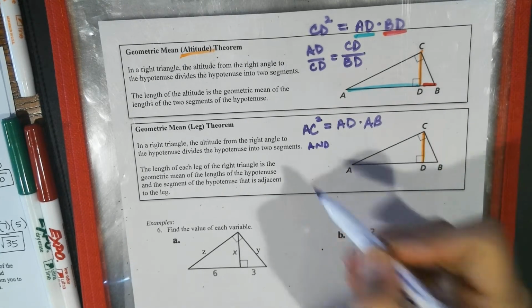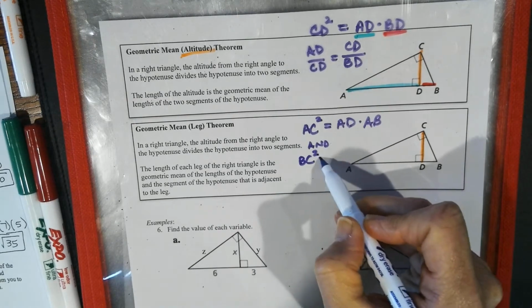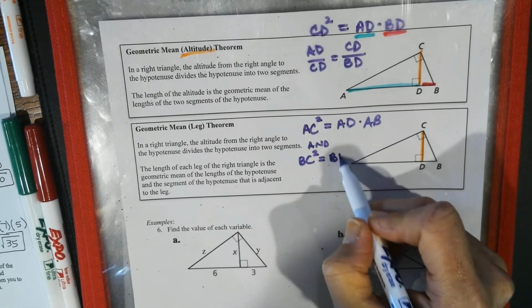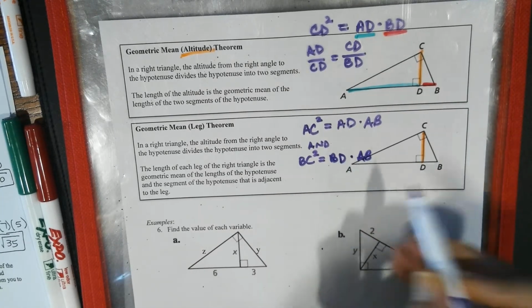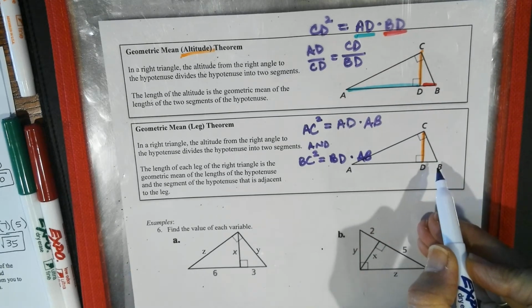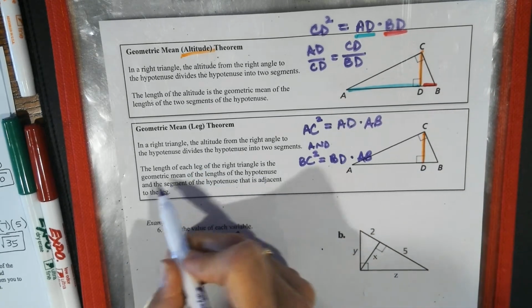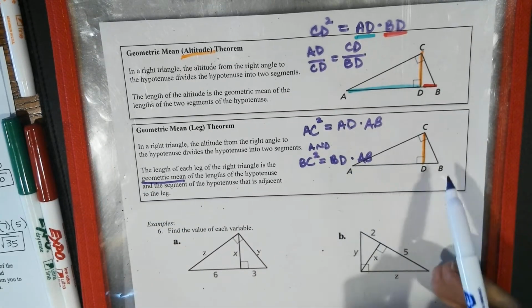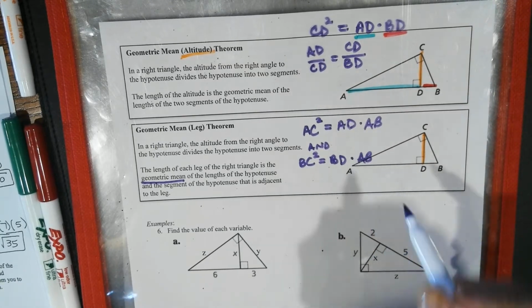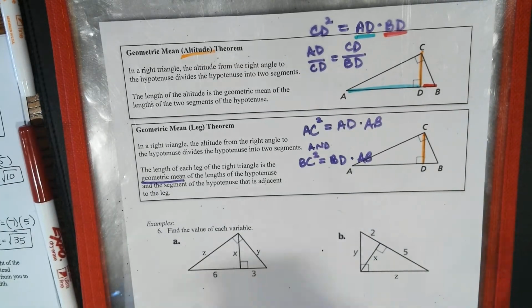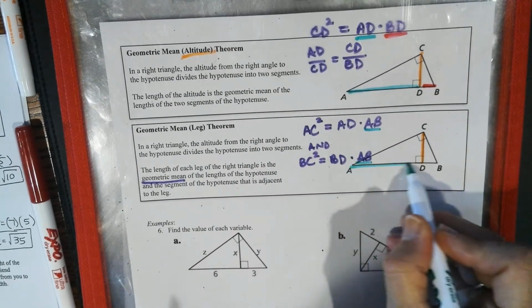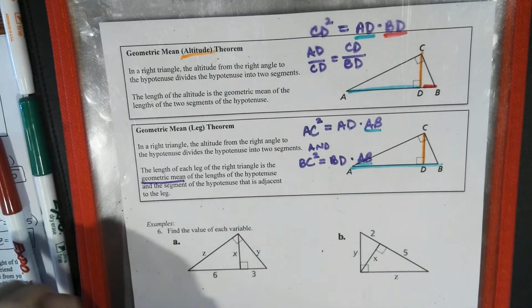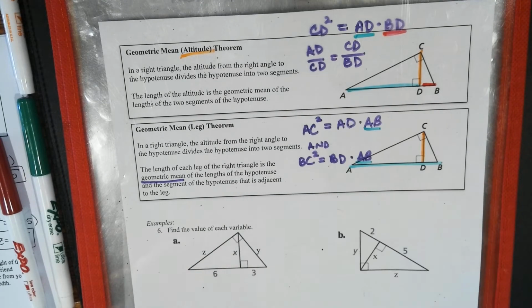So BC squared is equal to this small segment, BD, and AB, which is the whole hypotenuse. So AB is in both of them, that's the hypotenuse, and the other leg. But I can't draw them both that way without taking a different color.